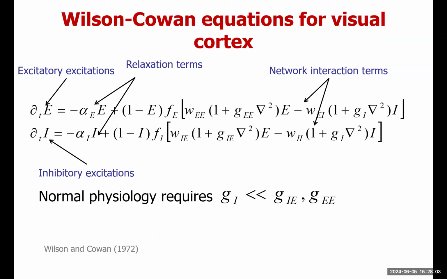All right, so here are the equations that you can derive. These were first written down by Wilson and Jack Cowan. Jack Cowan's a very famous mathematical neuroscientist at the University of Chicago, who I worked with on this. This is the model that he had written down back in the 1970s.